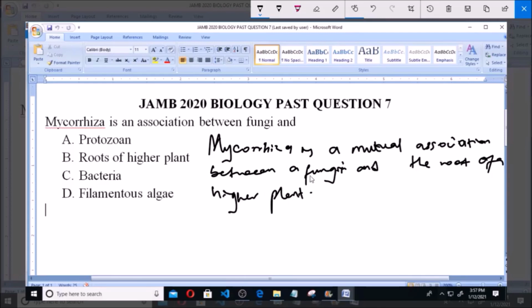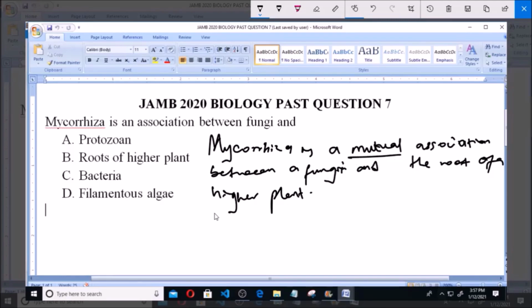So mycorrhiza, it just simply refers to the association between a fungi and the roots of a higher plant. Now, the fungi act as root hairs. You know, when we say something is mutual, it means that both the fungi and this higher plant or the roots of higher plants benefit from this association. That's why I call it a mutual association.